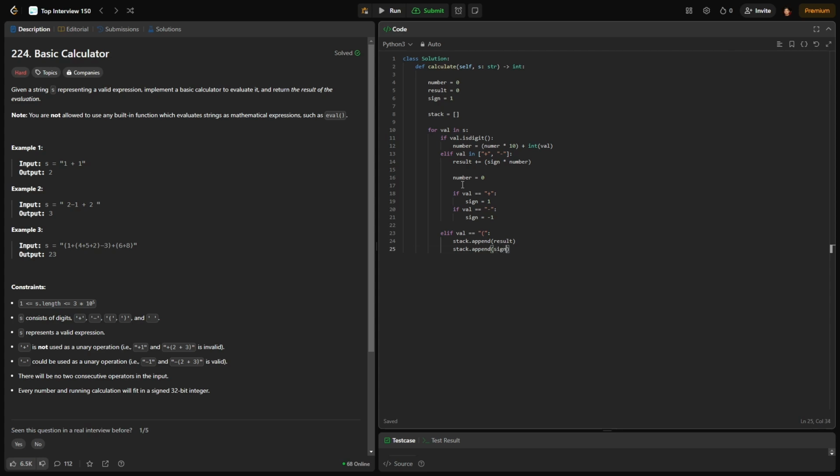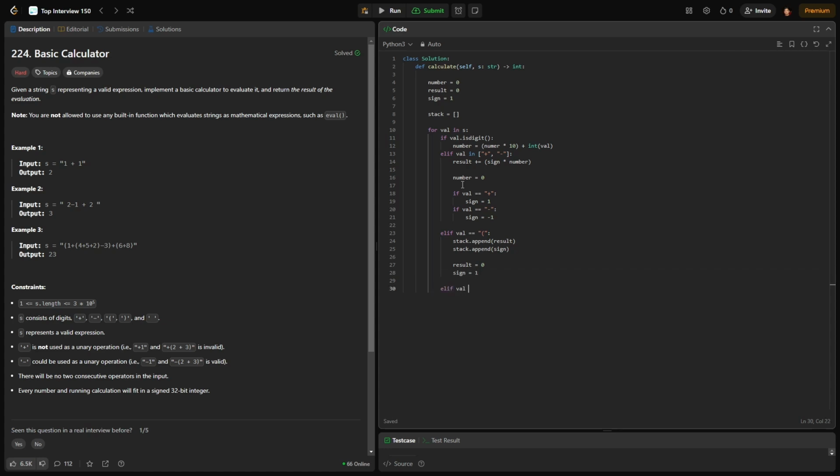So result goes first because it would be lower down the stack, and the sign would be on top. So when we pop, the sign element will come first. Then result is initialized to 0 and sign becomes +1, which is the default.